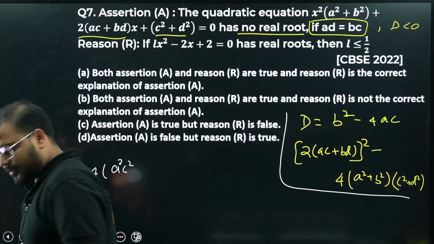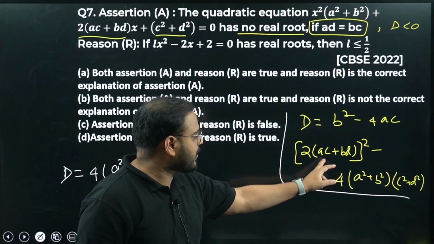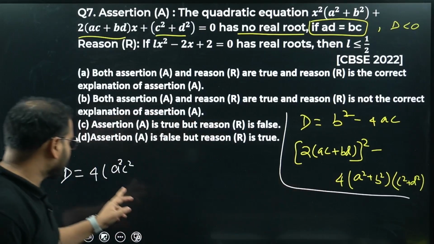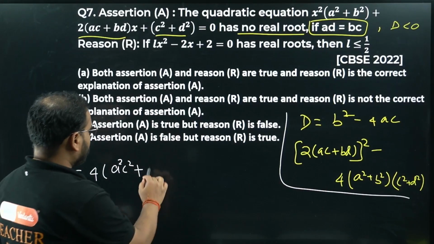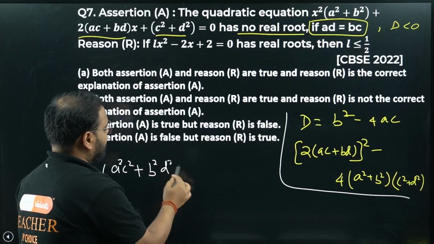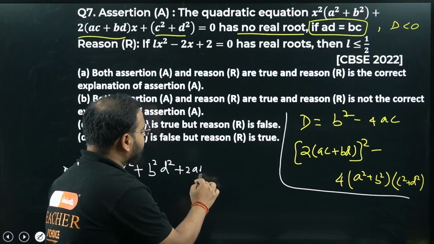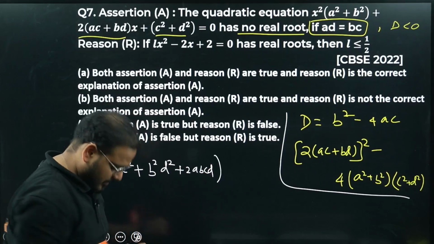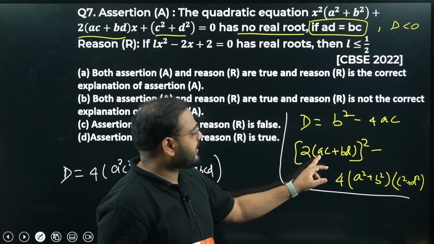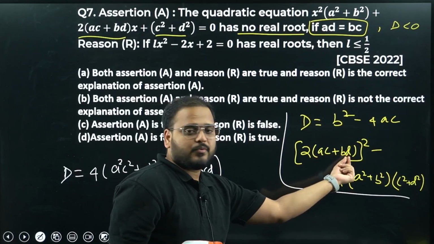Square of 2 is 4, square of the bracket, so a square c square, the first term square, second term will be plus b square d square, and plus again twice of abcd. Please check.